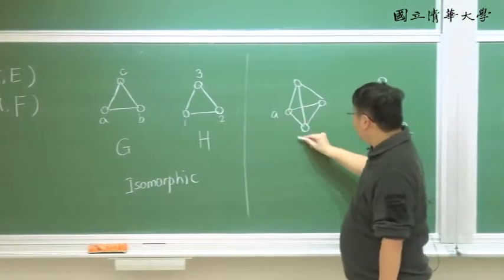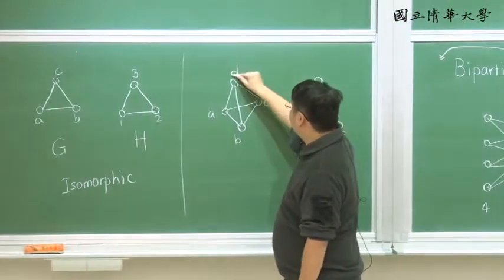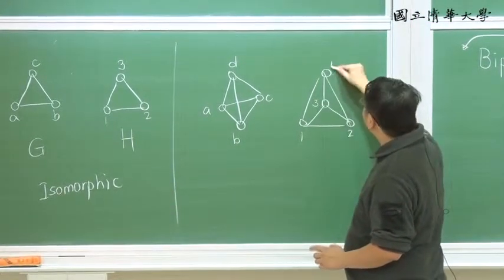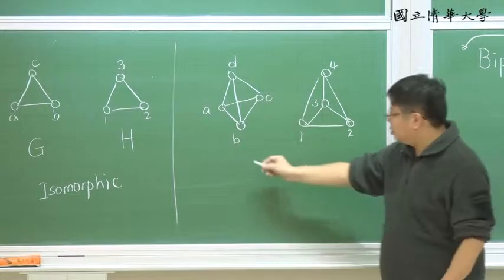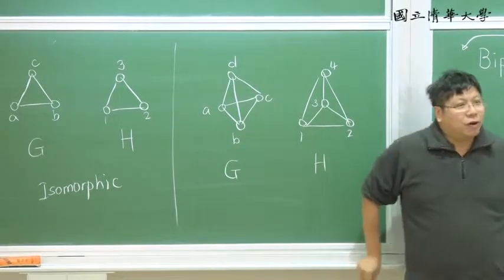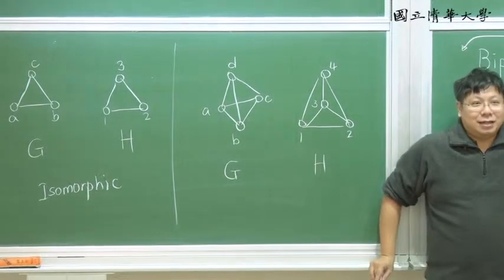This is A, B, C, D. This is 1, 2, 3, 4. This is G, and this is H. Are they isomorphic or not? Do they look alike?